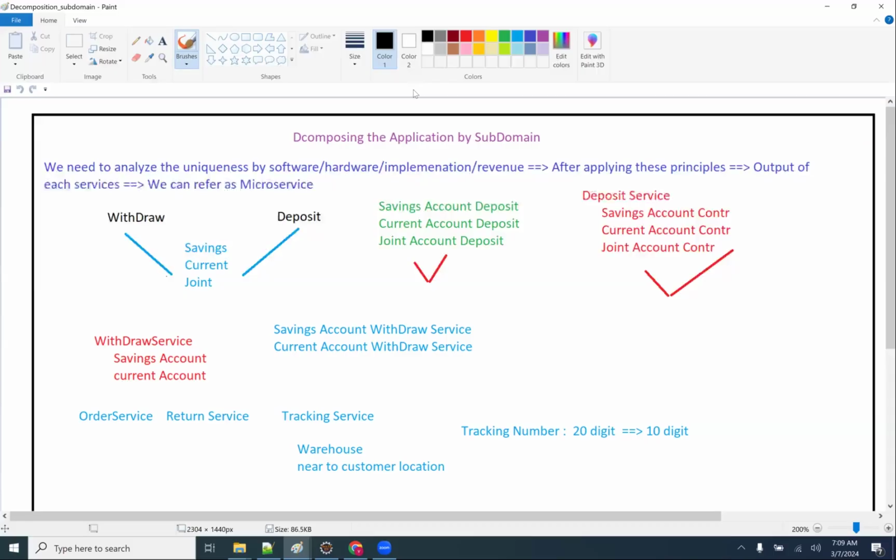But as I mentioned, we need to analyze the uniqueness by software, hardware, implementation, revenue. When we come to hardware, we will use an ATM machine. If there is a problem on the ATM machine itself, it will impact savings account, current account, joint account, everything, right?